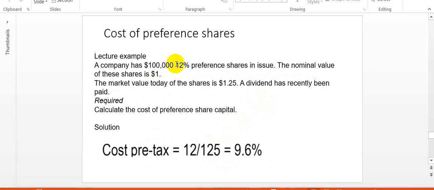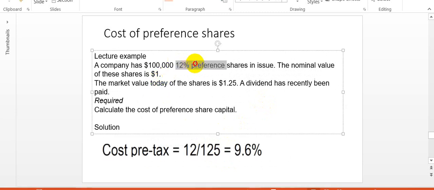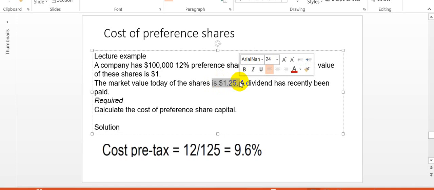The preference dividends you are given there as 12%. The market value you are given there. Again, you change the measures to the same unit of measure, to cents, substitute and calculate, you get 9.6%.